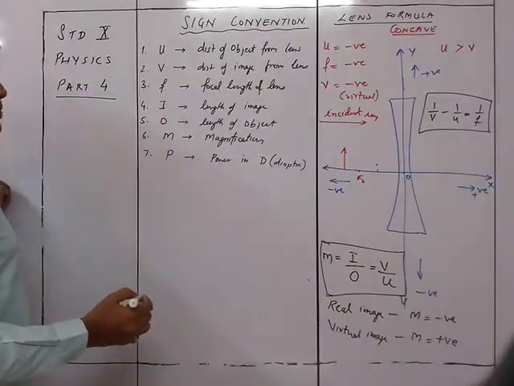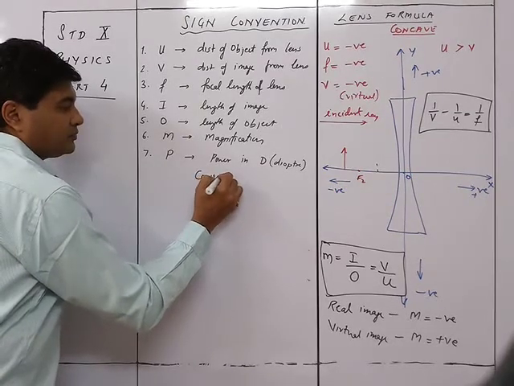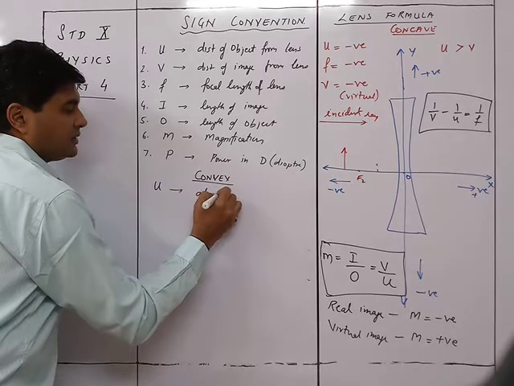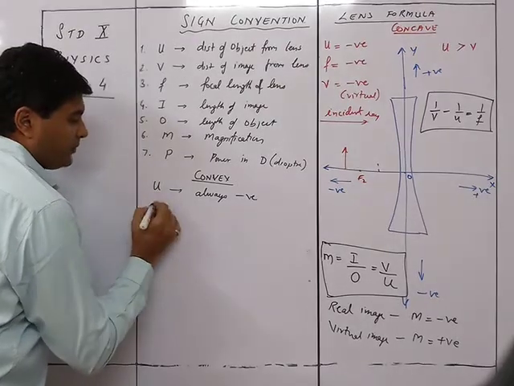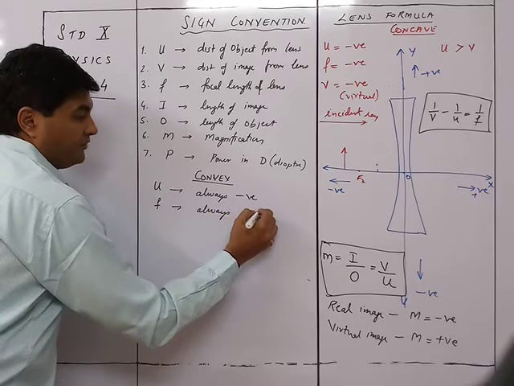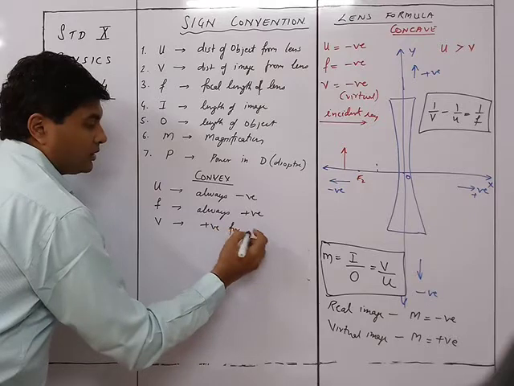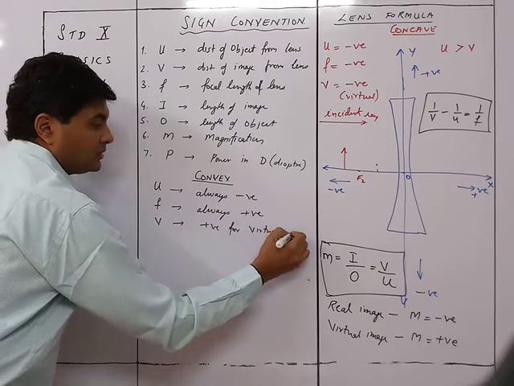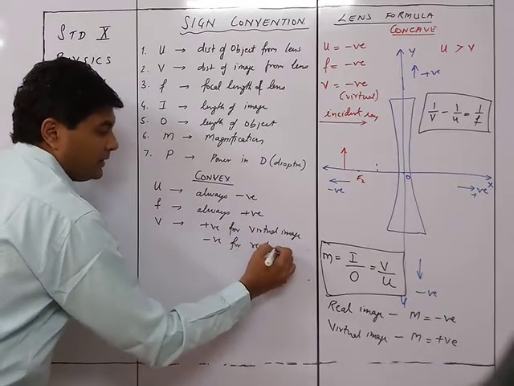Now we come to the sign convention. For convex: U always negative, F always positive, V positive for virtual image and negative for real image.